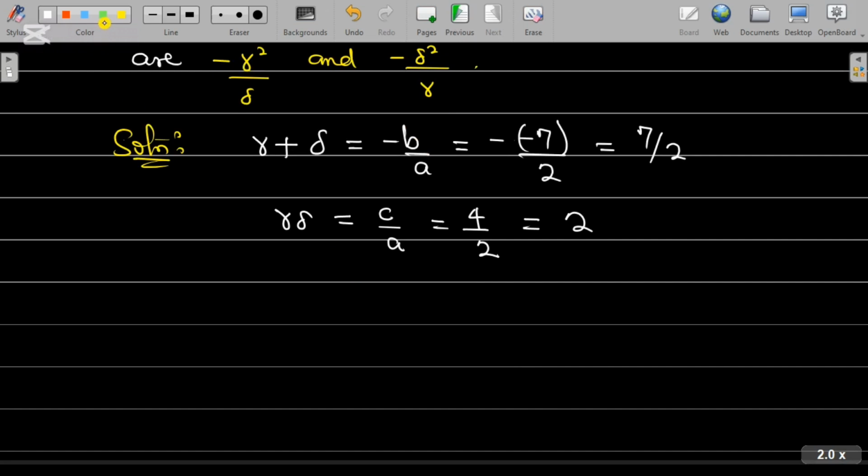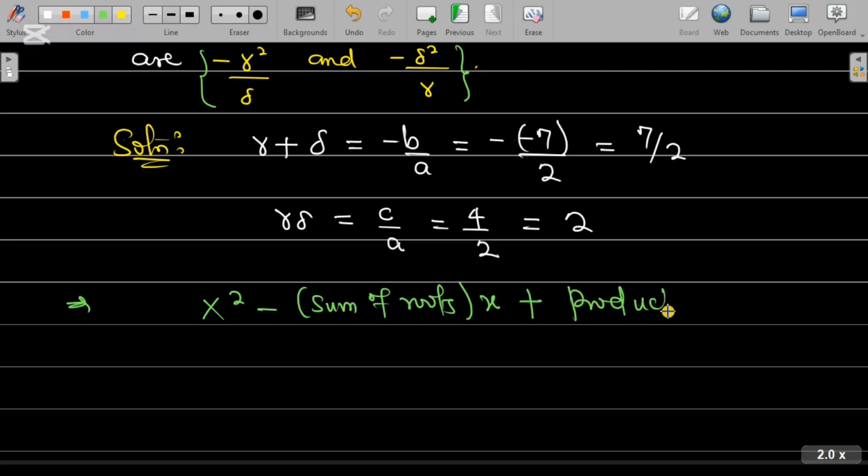Okay, so moving away from there, we are now going to look at the one that we are told to form. But before we get to that point, remember that any quadratic equation that you can form from the roots is generally given as x squared minus the sum of roots times x, plus the product of roots, everything equal to 0.